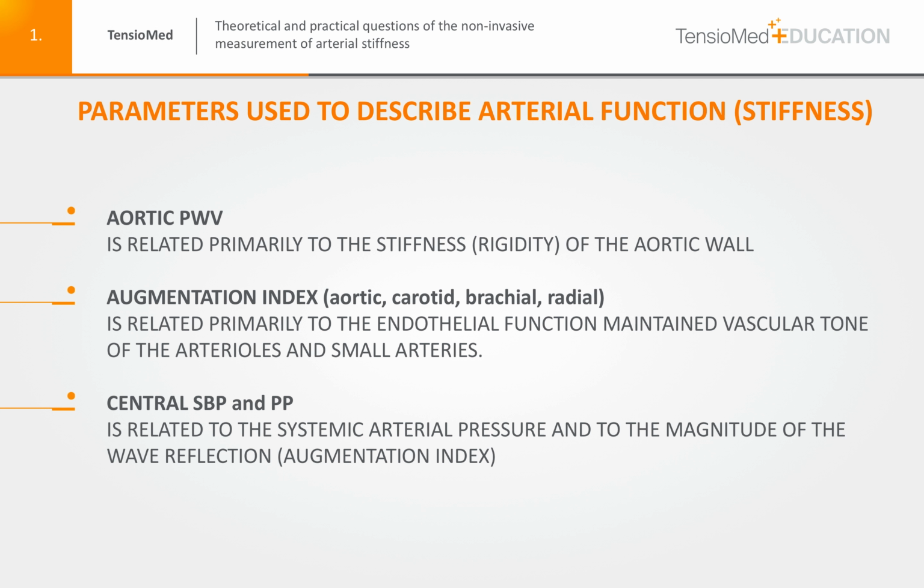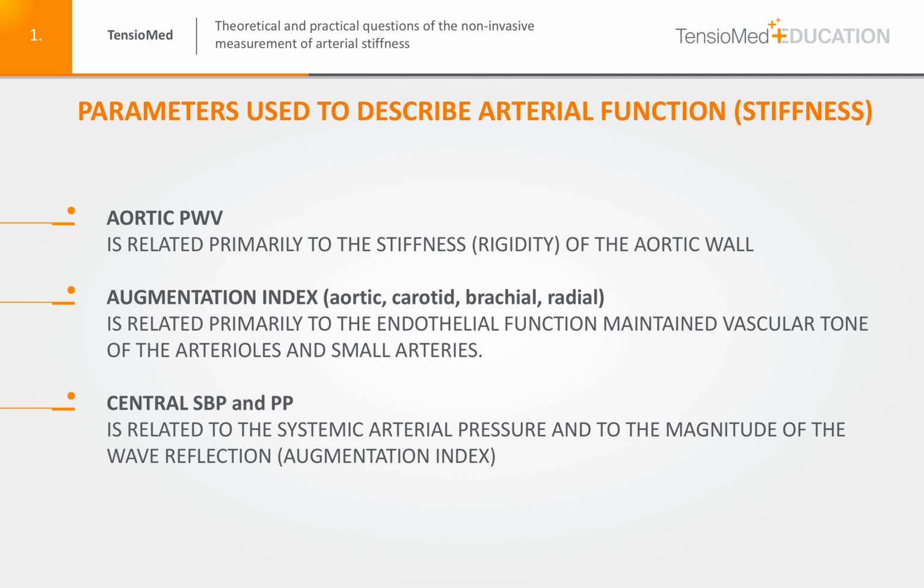And the third very commonly used parameter to describe the arterial function is the central aortic systolic blood pressure and the central pulse pressure. The central systolic blood pressure and pulse pressure is basically determined by the systemic arterial pressure.